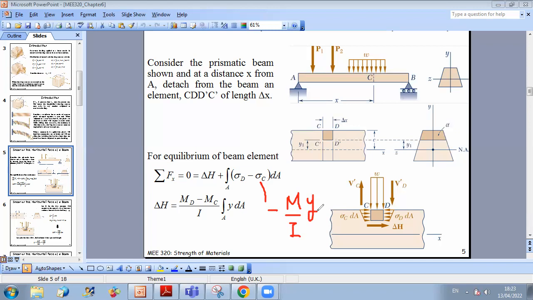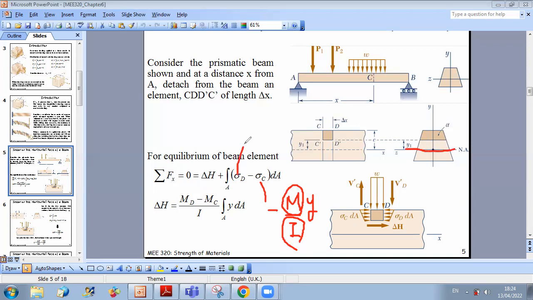The expression of the normal stress at any location y from the neutral axis is minus My over I. Since M is constant for a certain cross section, I know the bending moment, and I represent the inertia of the cross section about the neutral axis, as you can see here. So I can take minus M over I outside the integral, and then what do I get?